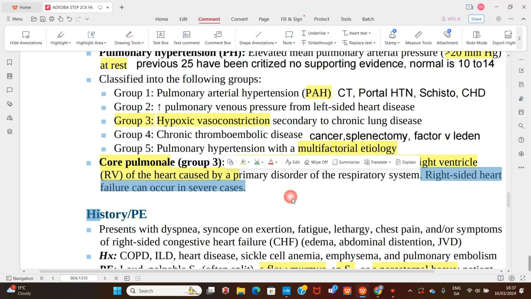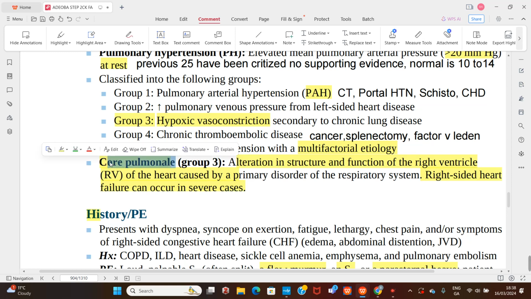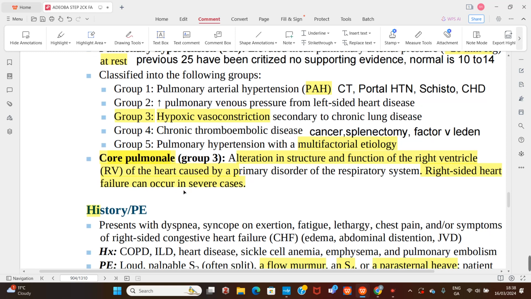But we don't actually wait for right heart failure to set in before we can call it cor pulmonale. You call it cor pulmonale once there's remodeling of the right ventricle from a pulmonary problem, either increase in pulmonary viscosity, increase in the pulmonary vasoconstriction, or any alteration in the caliber of the pulmonary vessel from any cause. You can say you have a cor pulmonale.